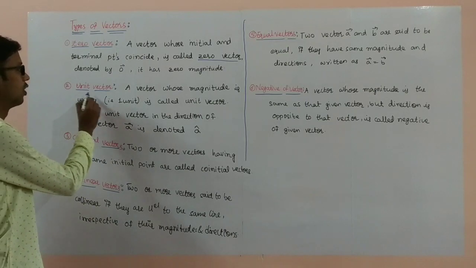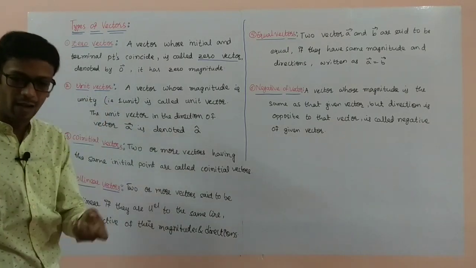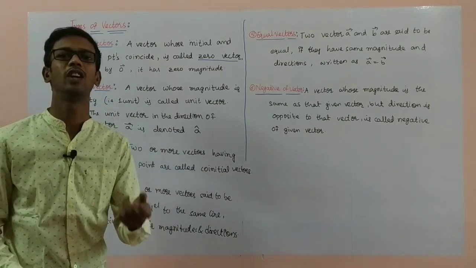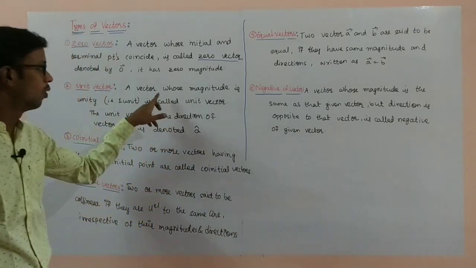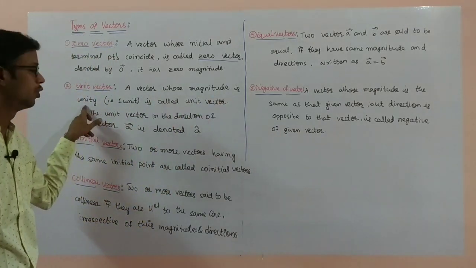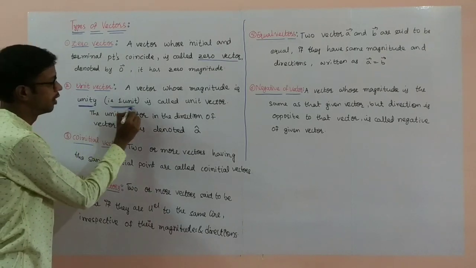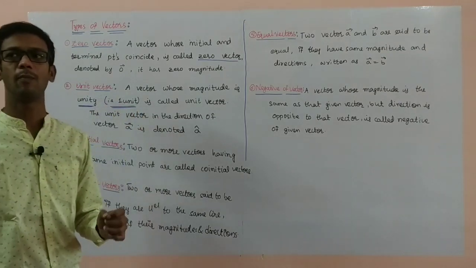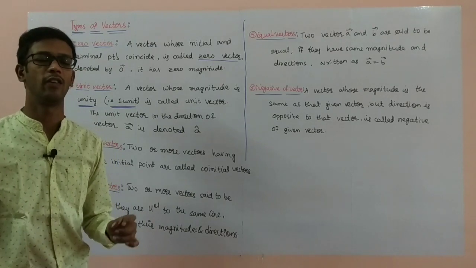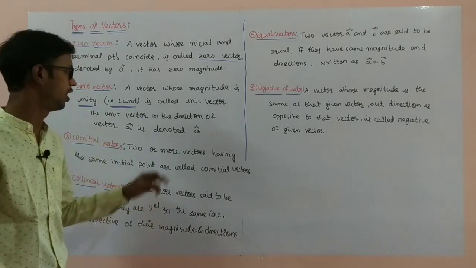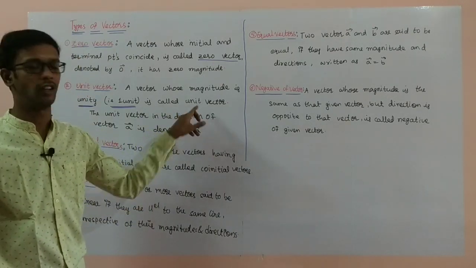Next one, unit vector. The name itself gives the definition. Unit vector: a vector whose magnitude is unity. Unity is nothing but 1 unit. A vector with magnitude 1, or a vector whose magnitude is unity, is called a unit vector.